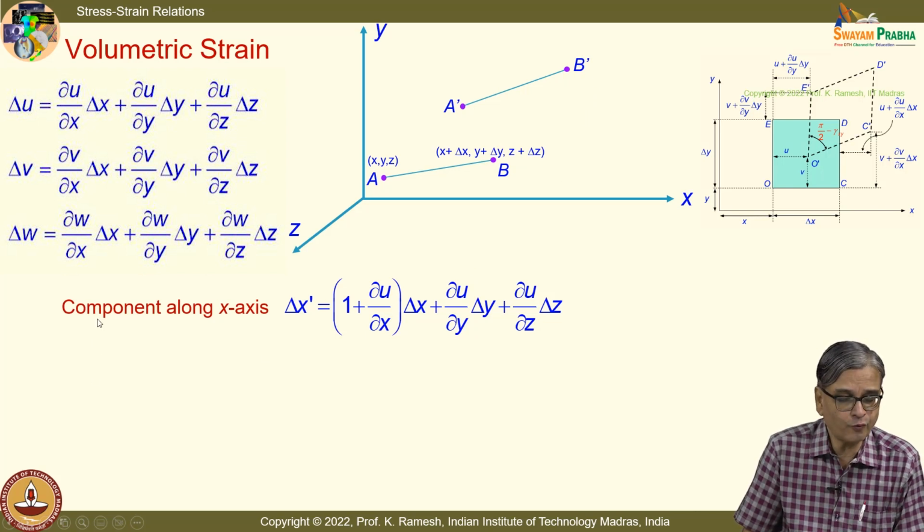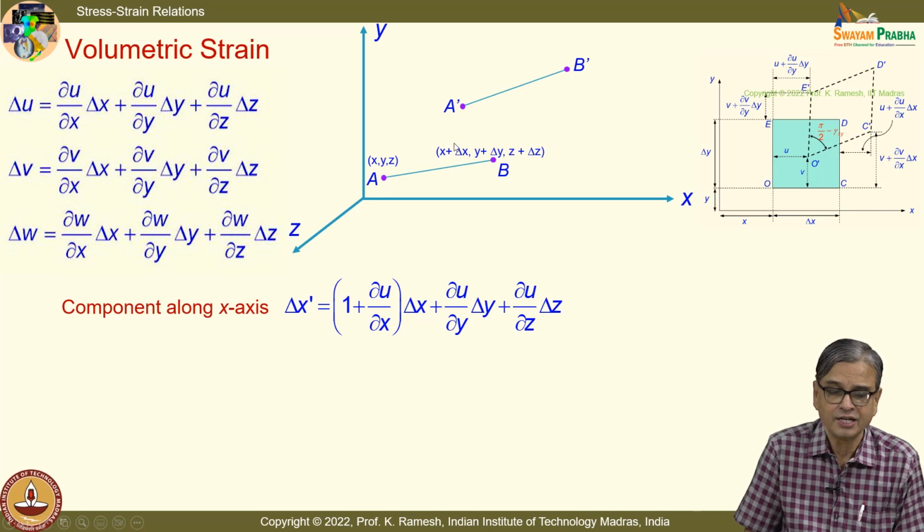And if you look at the components along the x-axis, y-axis and z-axis, they will become delta x prime equal to (1 plus dou u by dou x) delta x plus dou u by dou y delta y plus dou u by dou z delta z, primarily because I have the coordinates of B prime as shifted by delta x plus delta u.